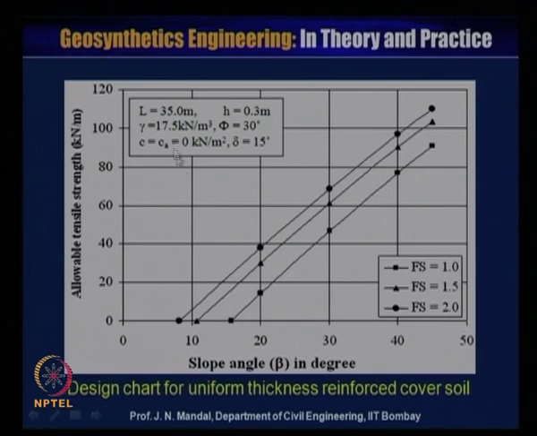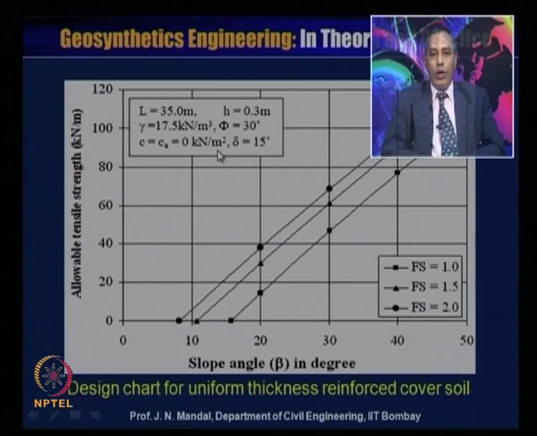The problem is that the length of the covered soil is 35 meter, the thickness of the covered soil H is equal to 0.3 meter, the unit weight of covered soil is 17.5 kilonewton per meter cube, the angle of friction phi is equal to 30 degree, CA is equal to 0 kilonewton per meter square, and delta is equal to 15 degree.